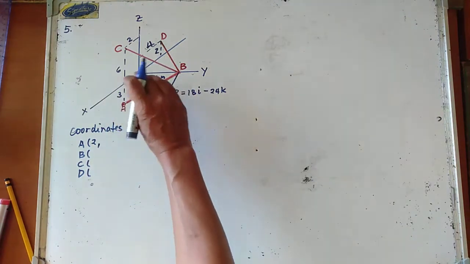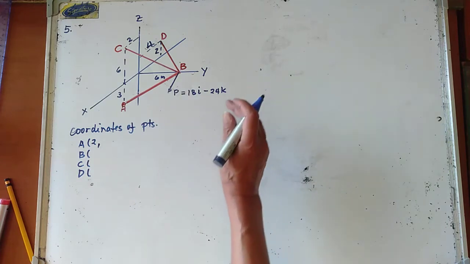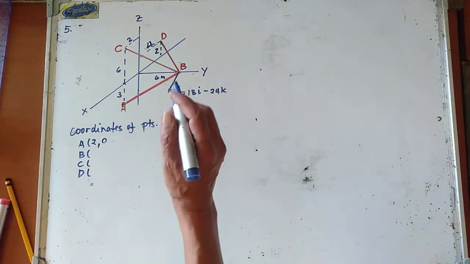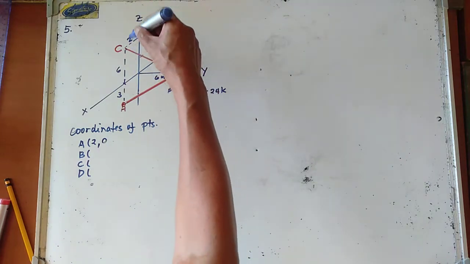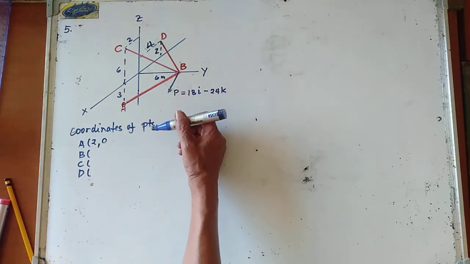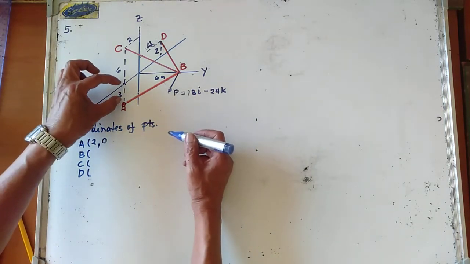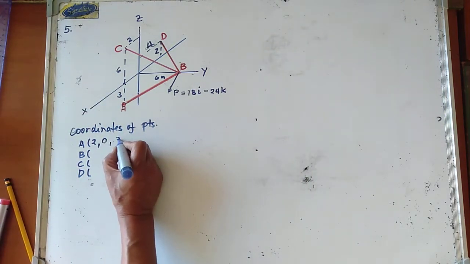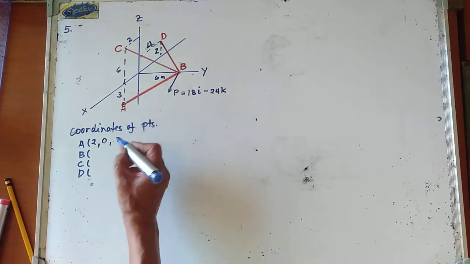The y coordinate of A is equal to 0. And the z coordinate of A is equal to 3. So that is the coordinate of point A.